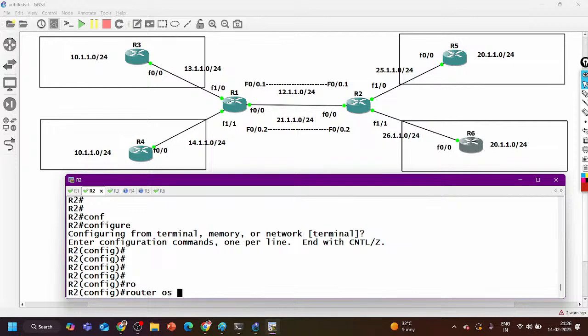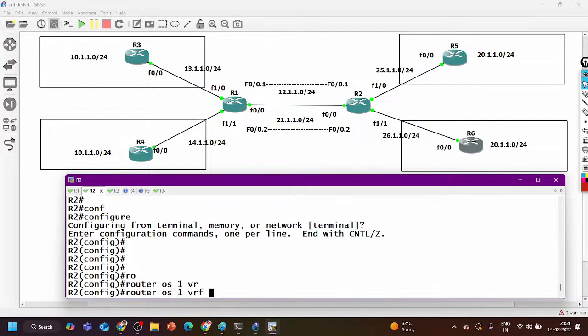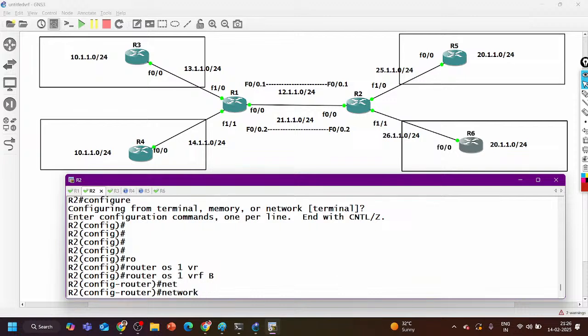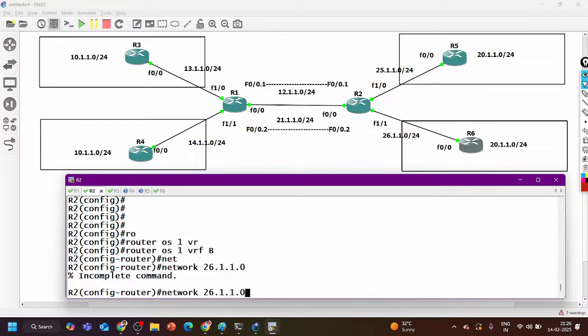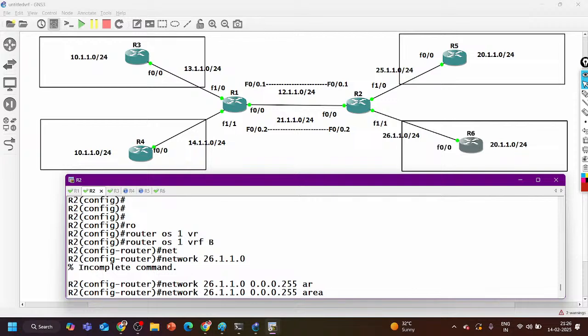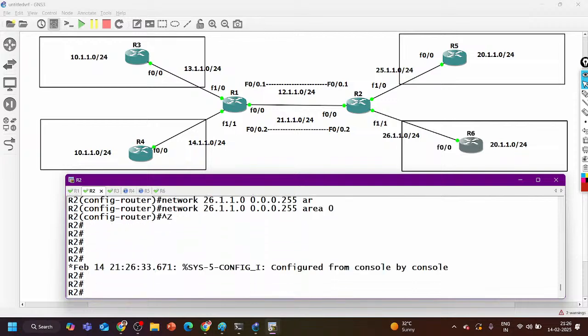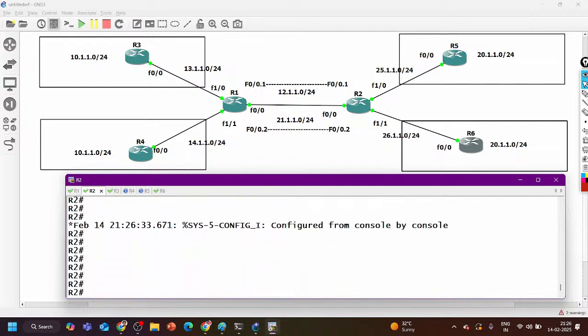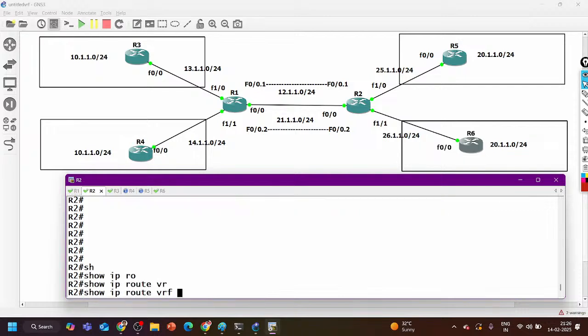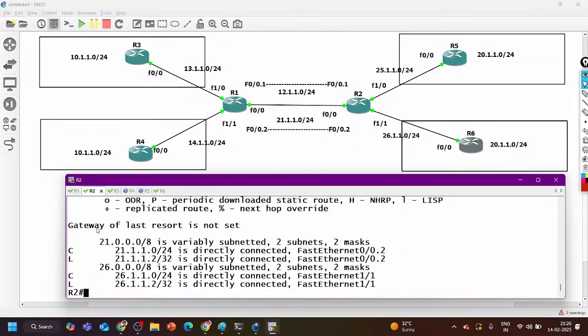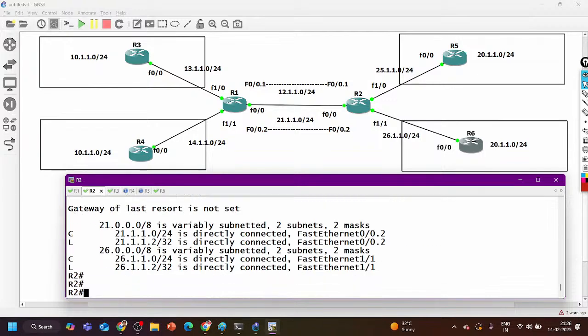Router OSPF 1 VRF B, network 26.1.1.0. Show IP route VRF B. The 20 subnet is here.